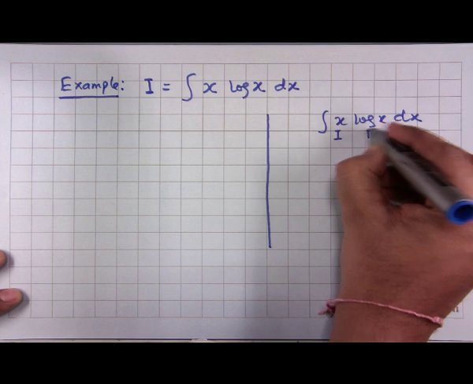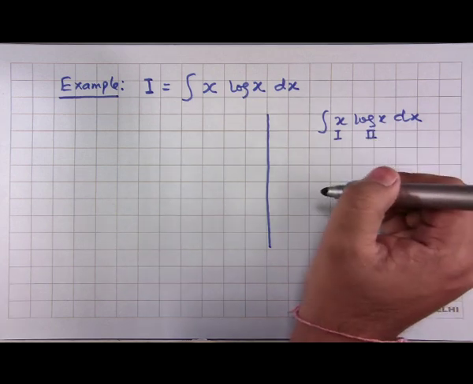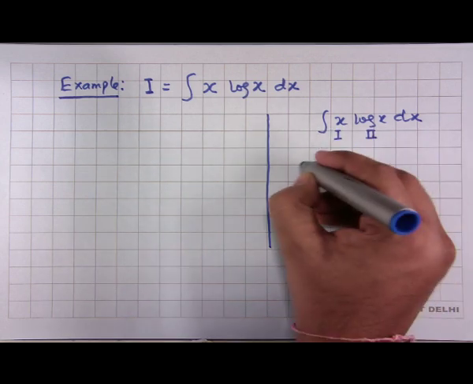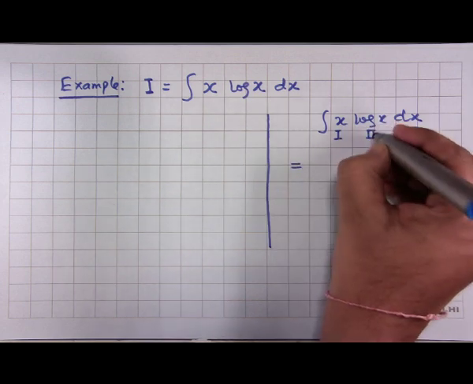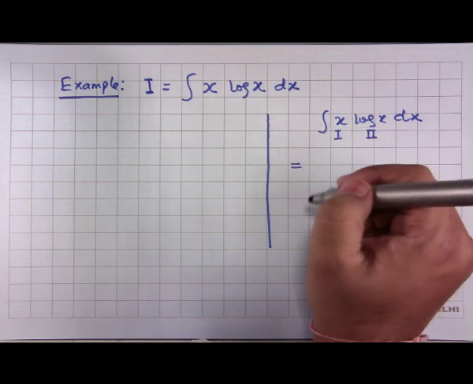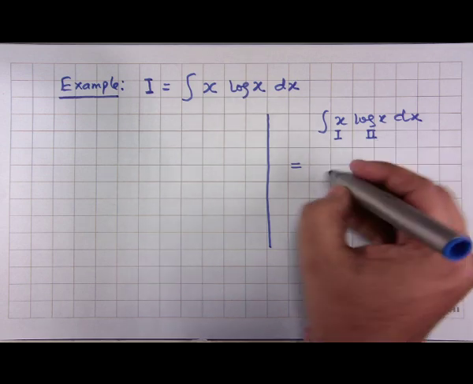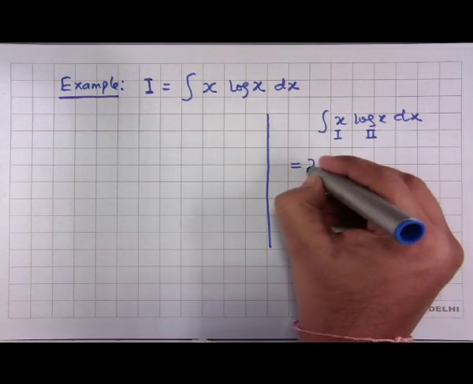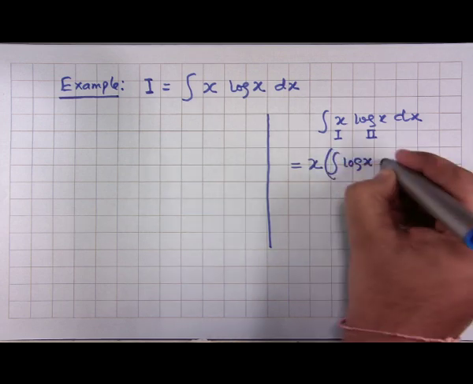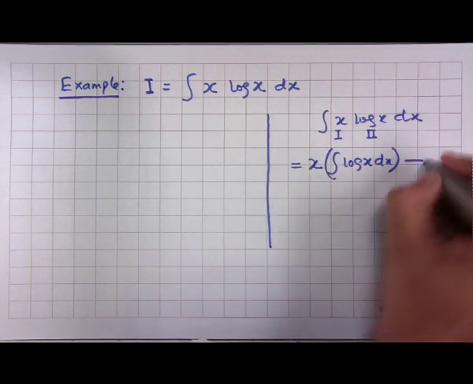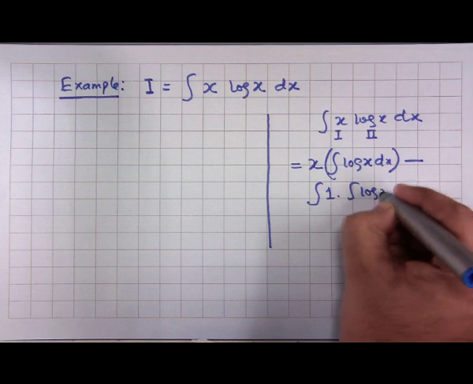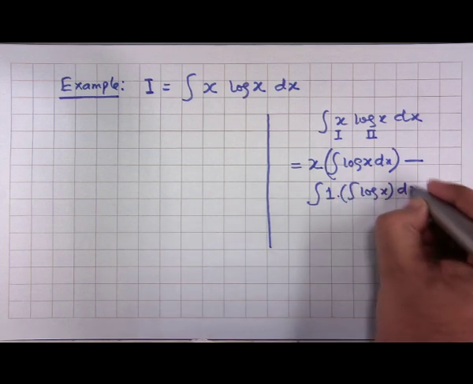If I do not do anything new, I will follow the similar procedure. I will call this function as first function and this function as second function. As I told you, this is vanishing. We have to see whether that idea really works here. So, this will go to the first function, integration of second function, minus integration of differentiation of the first function times integration of second function, dx.